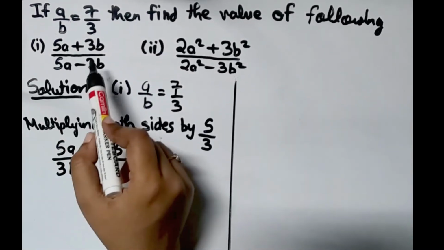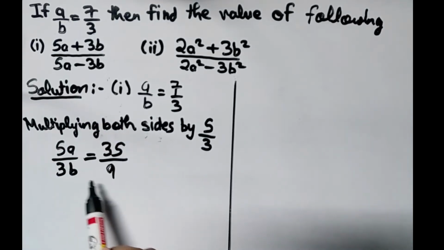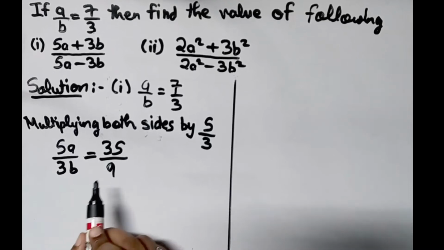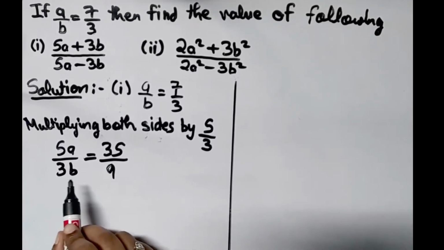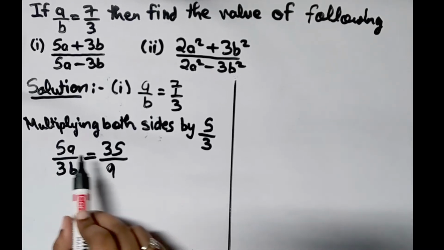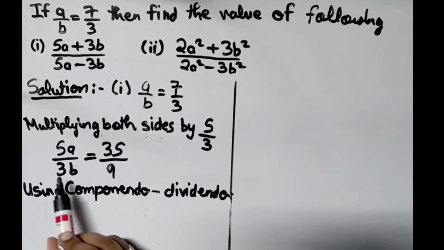Now clearly you can see we will get this if we apply componendo dividendo to this equation. We have already seen what is componendo dividendo in the previous video, right? So if we apply componendo dividendo property for this equation, then we will get this value.